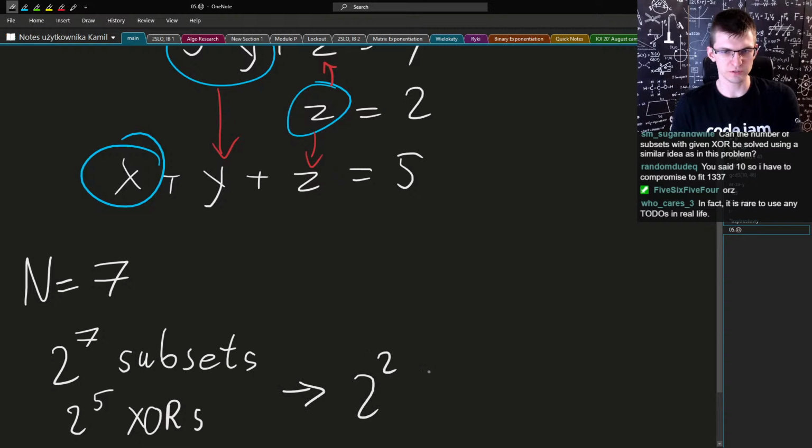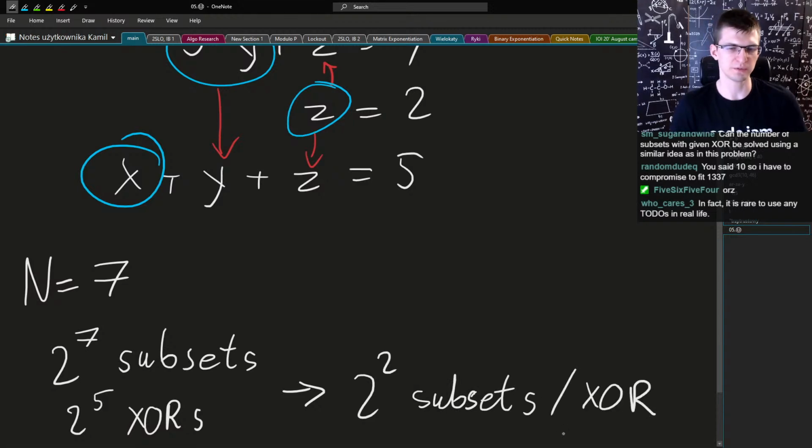Then there will be 2 to 2 possibilities, or subsets, per XOR. Every XOR will have the same number of subsets. So in this case, 4 subsets per XOR, just because the number of subsets is 4 times bigger than the number of XORs.